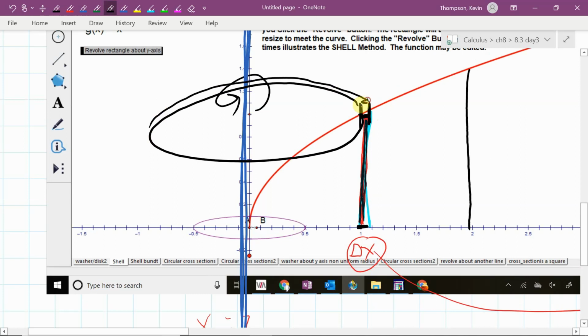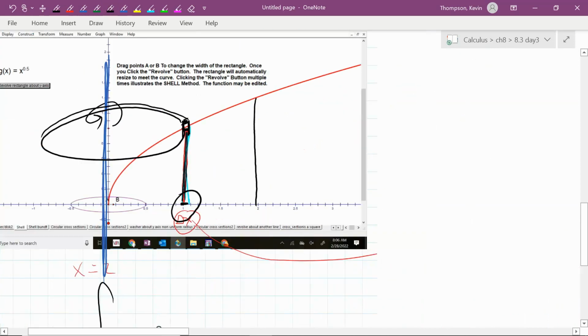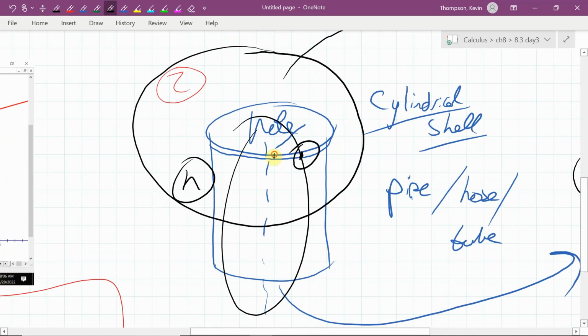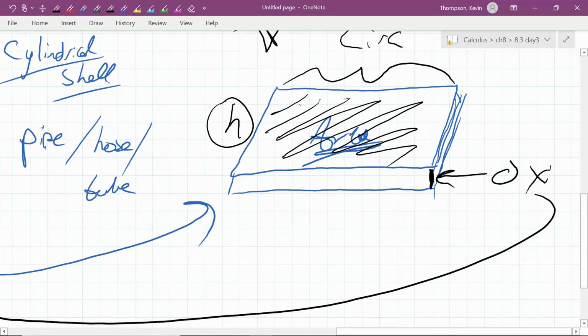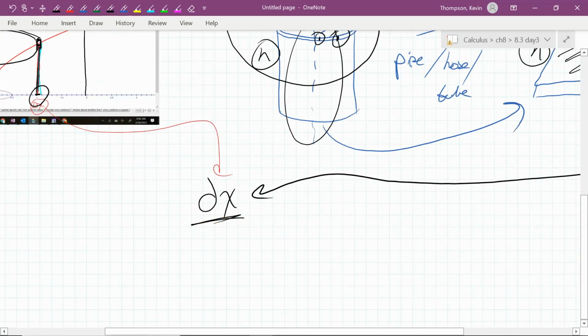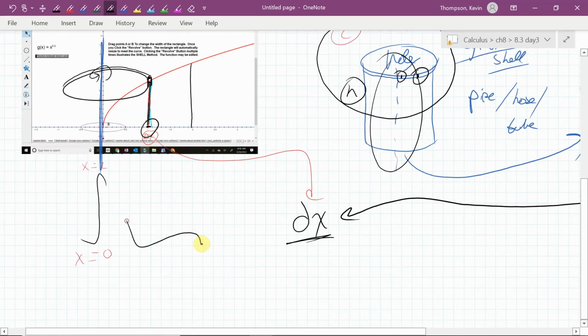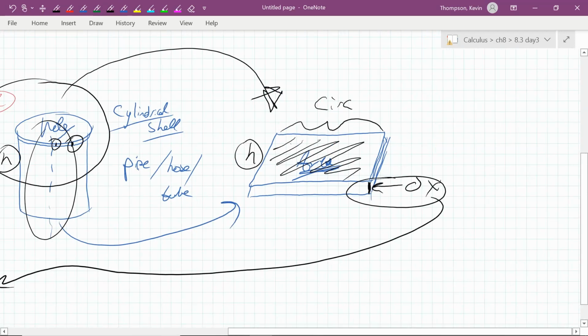So that thickness of this rectangle should correspond in this image to the thickness of the shell. And when you unfold it, it should be this dimension. That dimension is the dx, which is part of our calculation here, and that's why I'm still needing the rest of the area, which is the surface area of that piece there. Okay? Anything else people want to ask about?